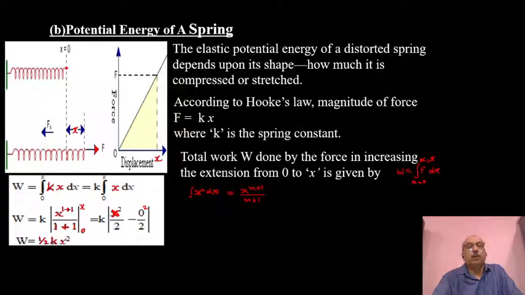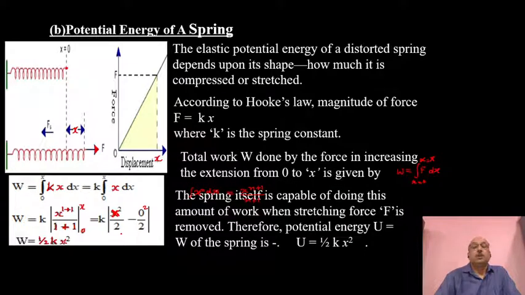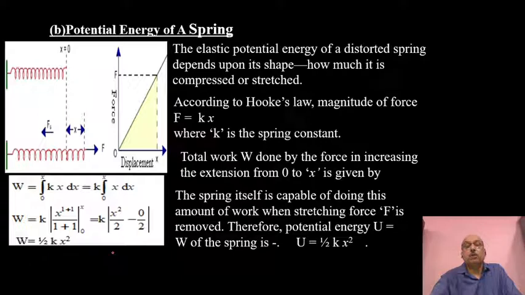This is the work done by the force in increasing the spring from extension 0 to x. So the spring itself is now capable of doing this amount of work when the stressing force is removed.